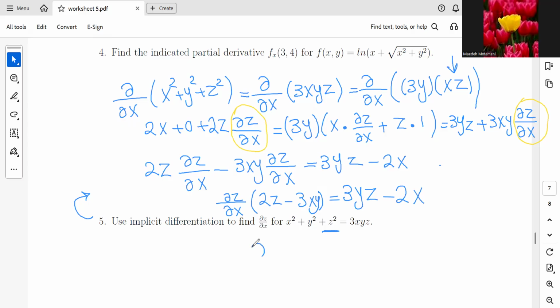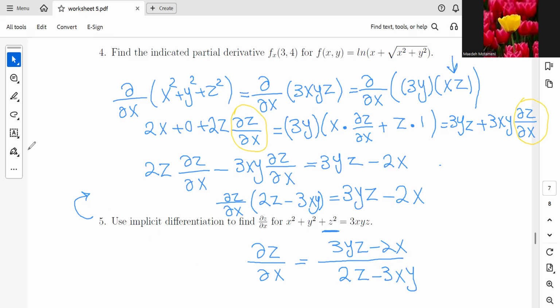And from here, derivative of z over x, which means with respect to x, will be equal to 3yz minus 2x over 2z minus 3xy.